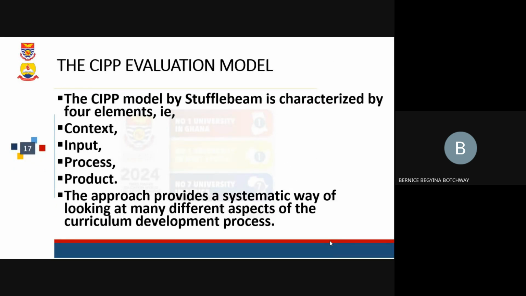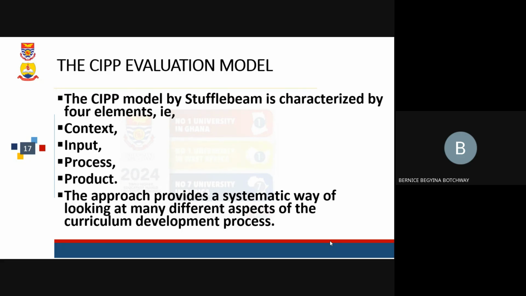The CIPP model, designed by Daniel Stufflebeam, has four elements. The C stands for the context, the I is for the input, the P for the process, and another P for the product.